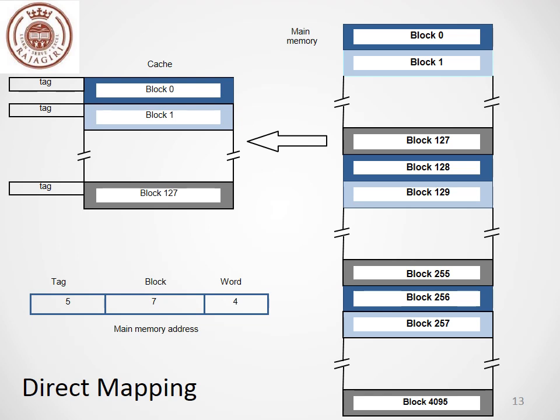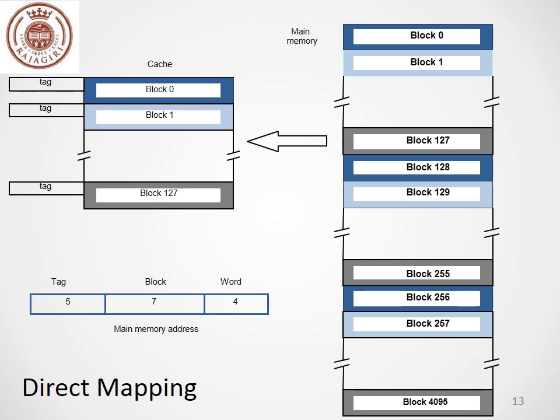So this is how the mapping is going to take place. Now, suppose block 0 and block 128 need to come to the cache memory at the same time. What will happen? Both of them try to come to cache block 0, which is not technically possible. There will be an issue because they can come only to block 0, even if the rest of the 127 blocks remain empty in the cache.